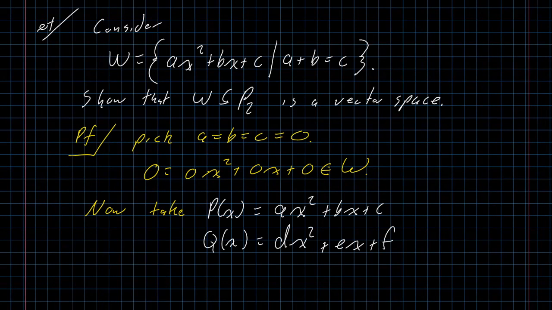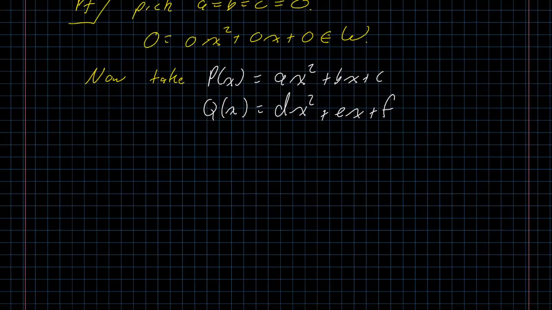And that way I'm not running into extra letters, f showing up multiple times. That was annoying. And I want these both to be in W. So C equals A plus B, and F equals D plus E.